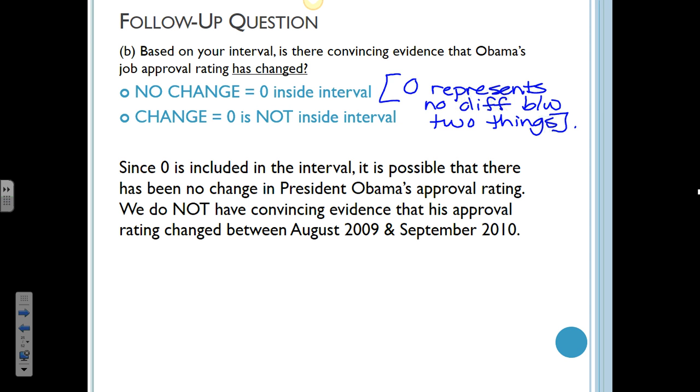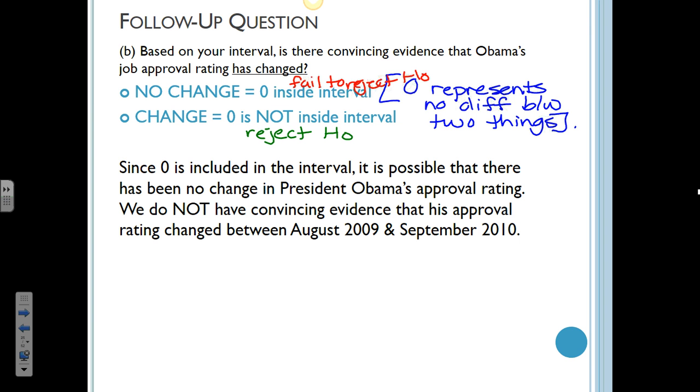Well, what's the statement of we do have evidence? Yeah. So if there is a change, 0 is not inside, we're going to reject that claim, right? Reject H0. If there is no change, that means we fail to reject H0.